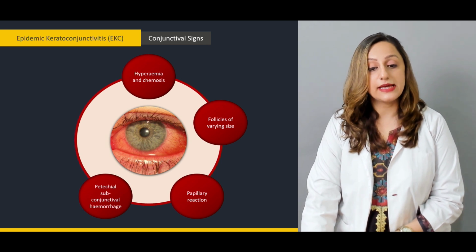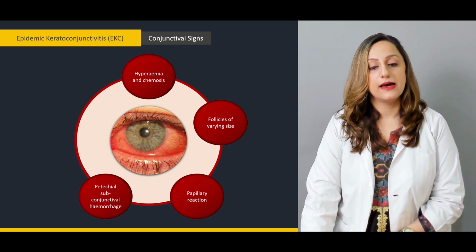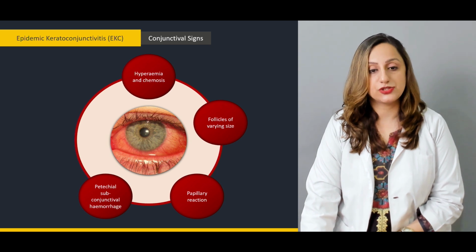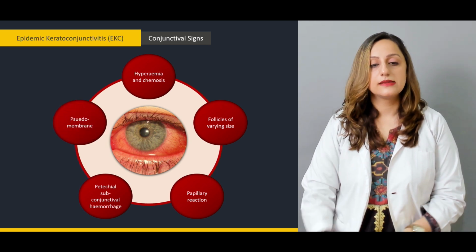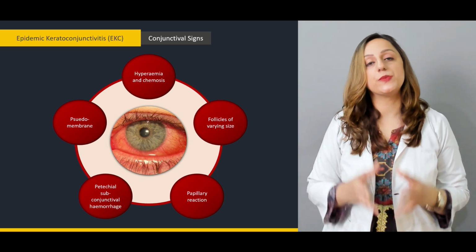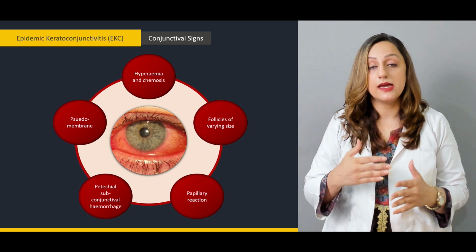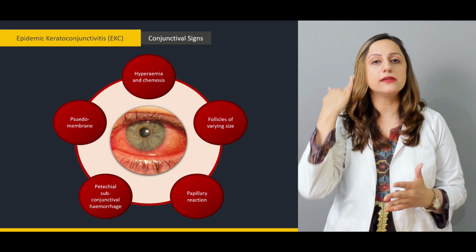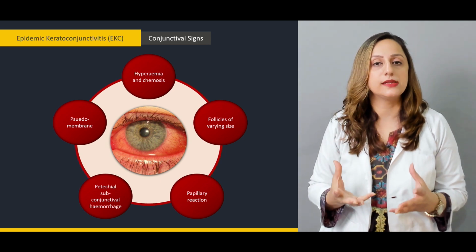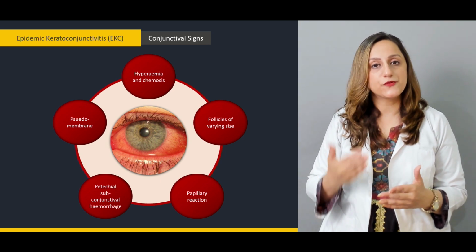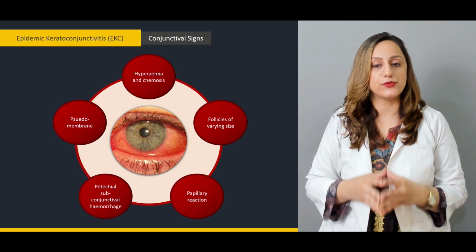And then you'd be observing petechial and subconjunctival hemorrhages in the patient. Lastly, the patient can have a pseudomembrane in his eyes. It is the last sign, and obviously it can be included in the complications as well.